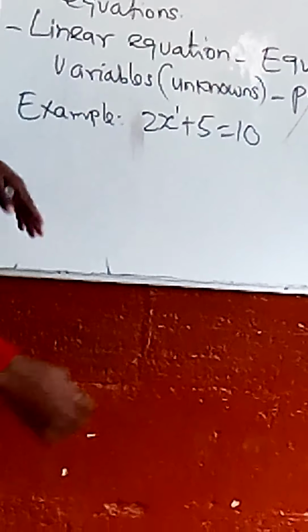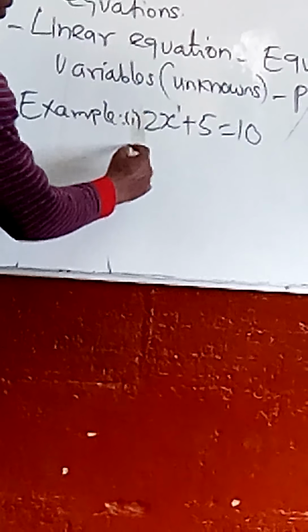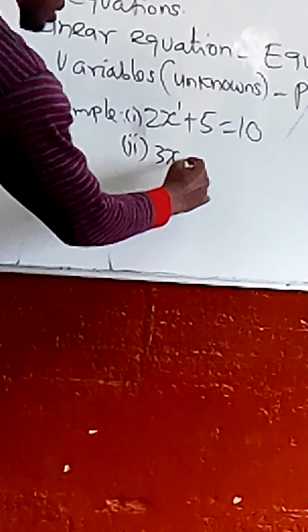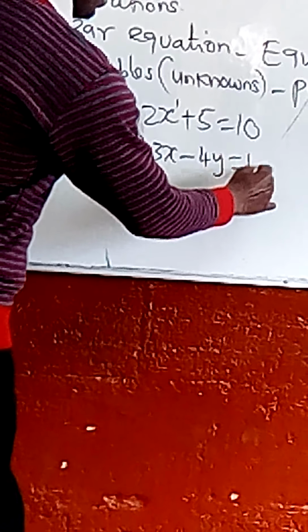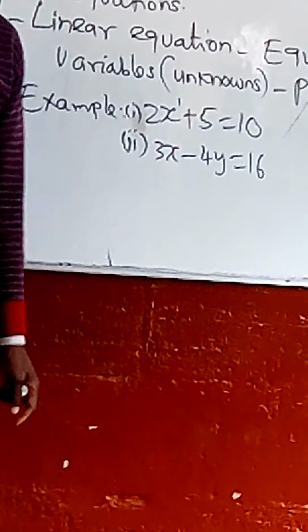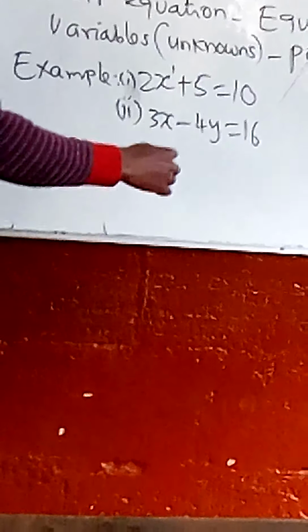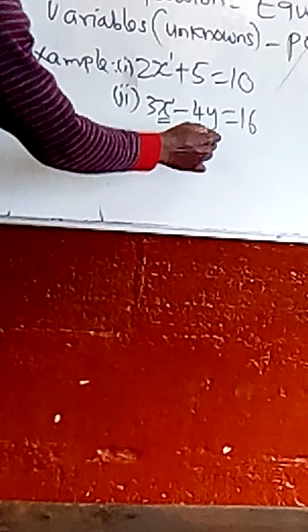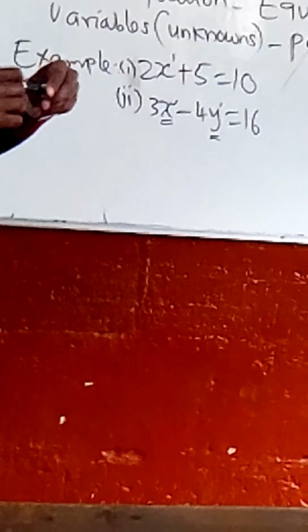You can have another equation with two variables like 3x minus 4y is 16. Again, this is a linear equation because the unknowns x and y are raised to power 1.